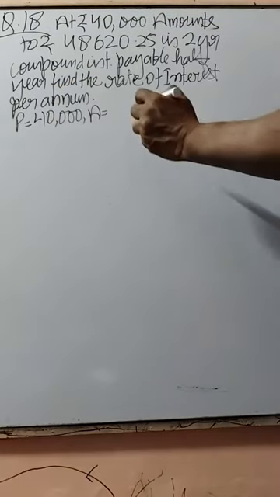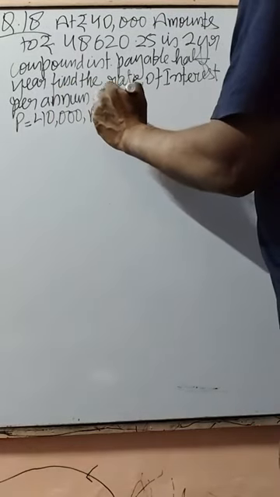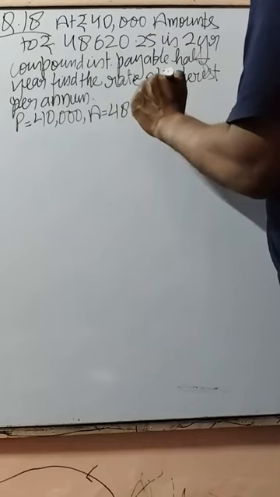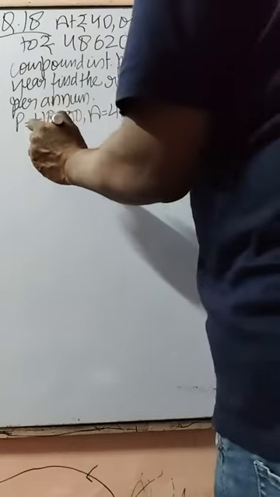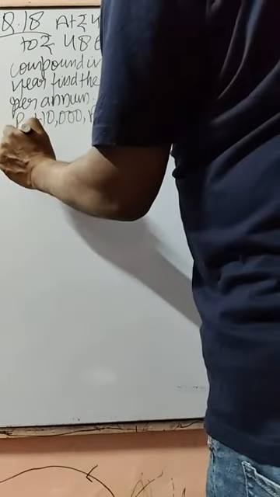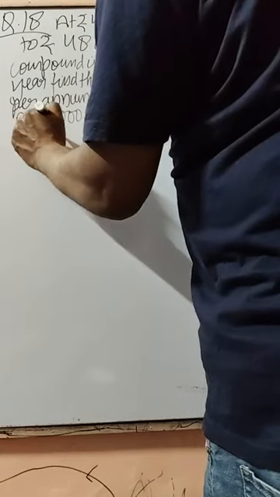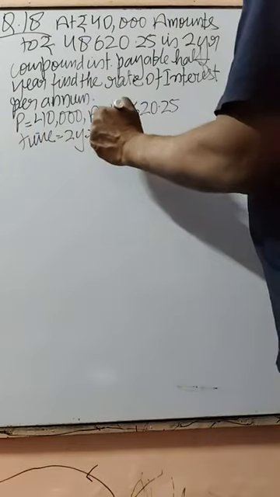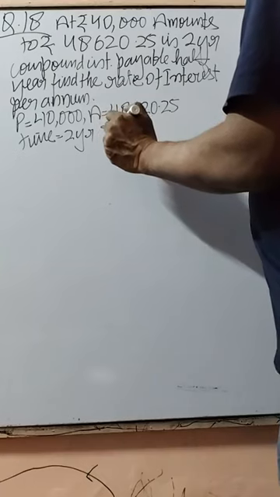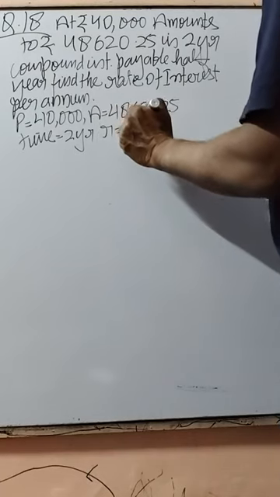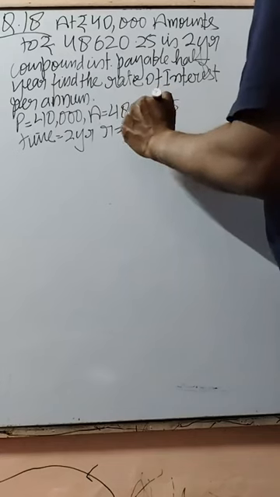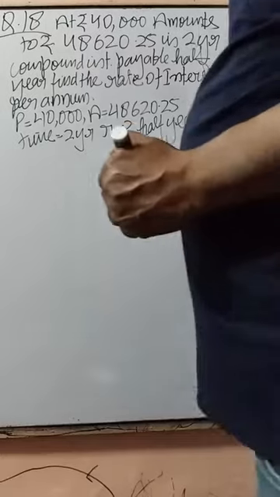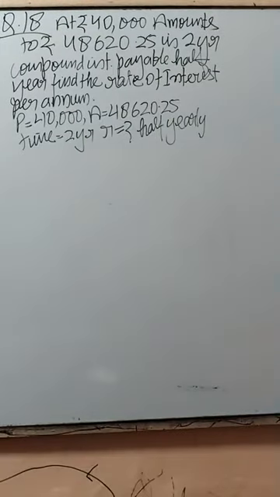Amount is equal to 48,620.25, time is equal to 2 years, and R we have to find, half yearly. Right? Yes, sir. So what do you do?